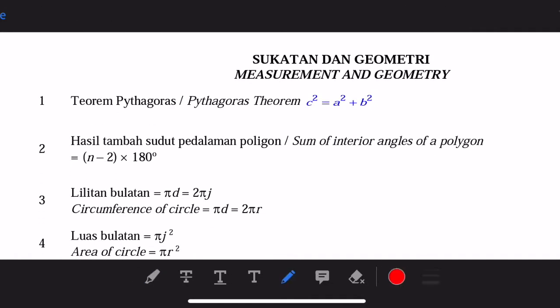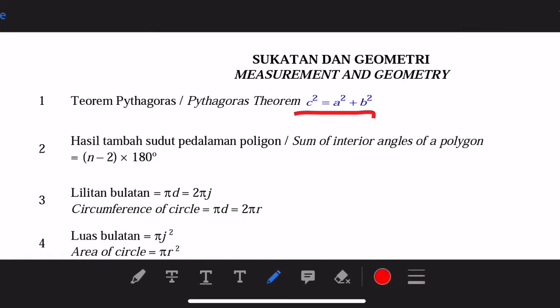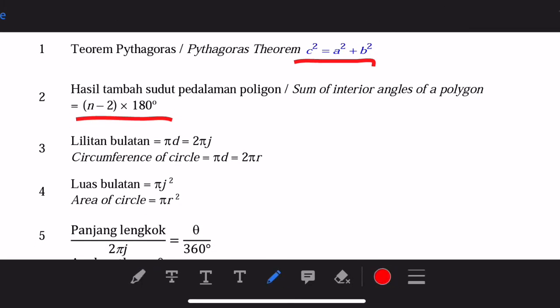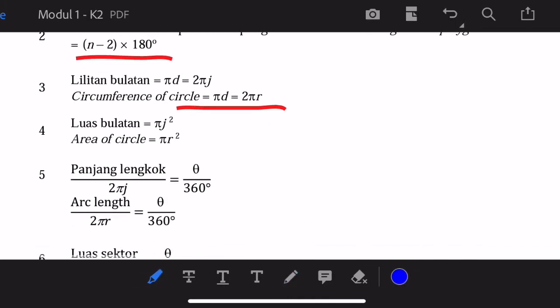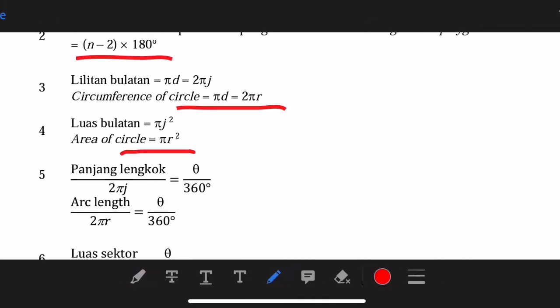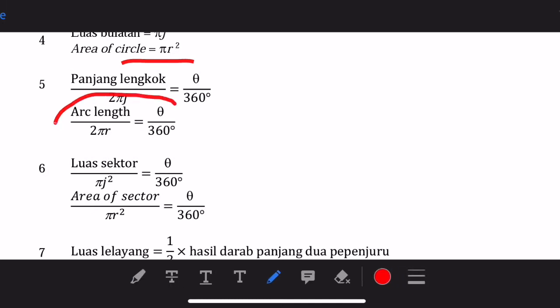Okay, we have Pythagoras theorem. Total interior angles of a polygon. So actually, before you go for your mid-year exam, you have to go through all the formulae. Even though the formulae are given, you must also go through them. And area of circle, and then arc length formula. This is very important.